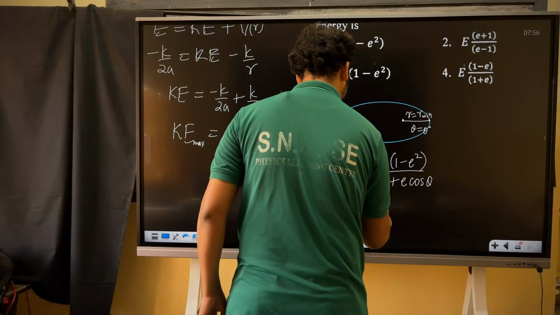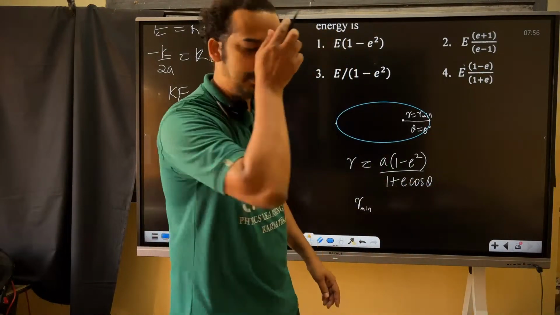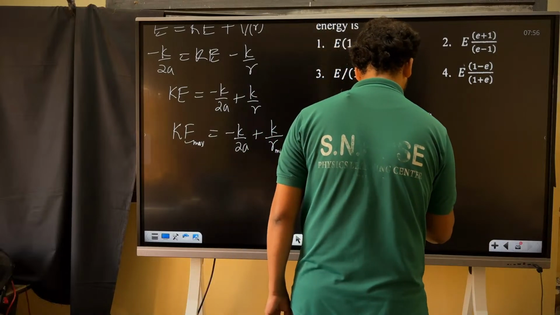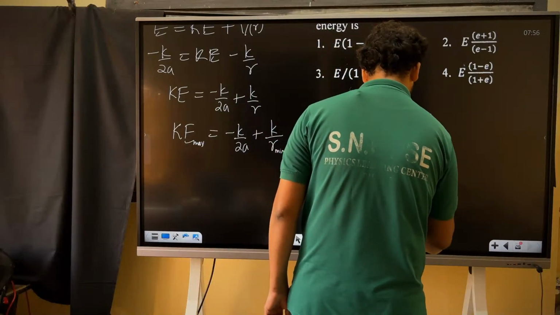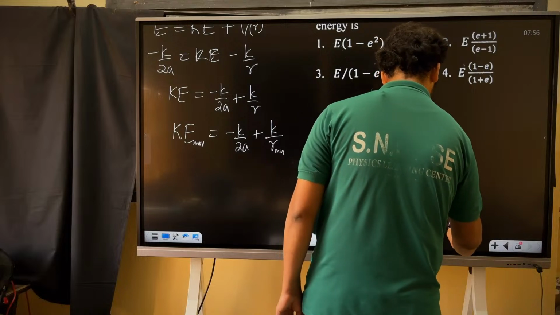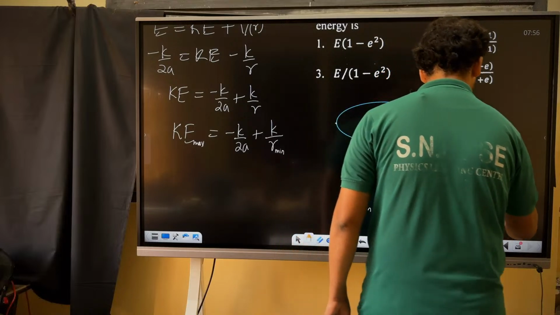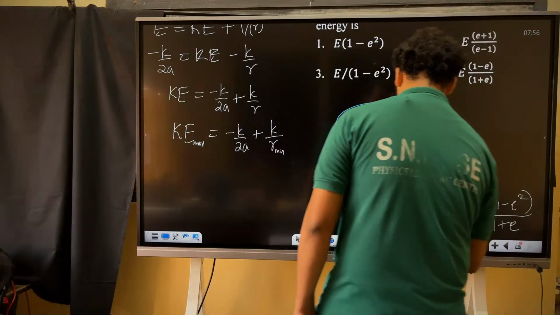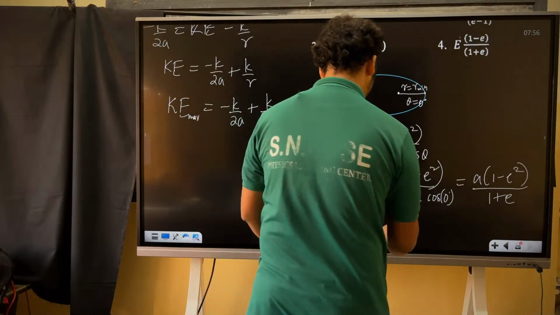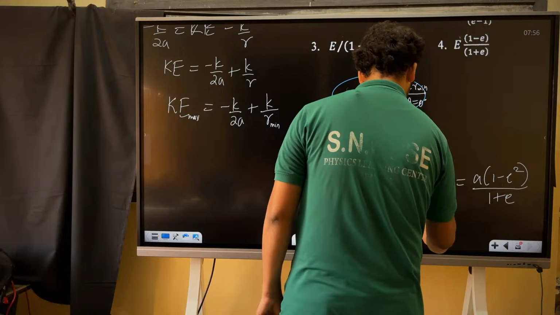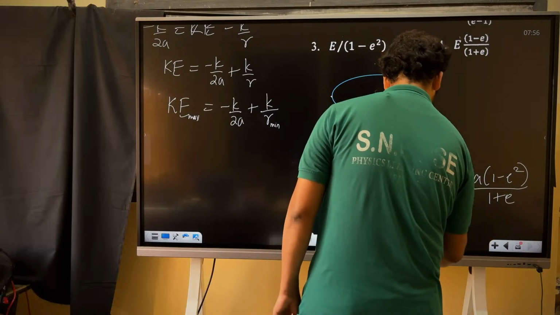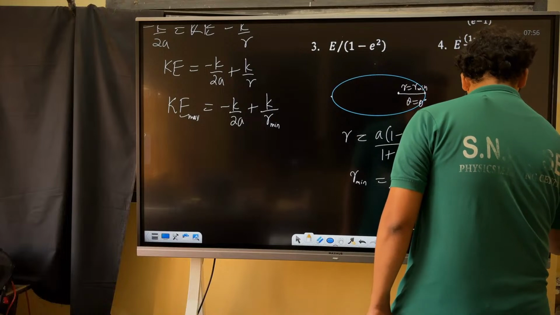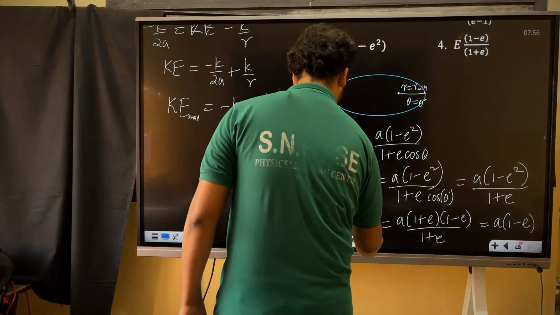R minimum will happen when the denominator is maximum, which is when theta equals 0. That gives a into 1 minus e squared divided by 1 plus e cos 0 degrees, which is a into 1 minus e squared divided by 1 plus e. The numerator can be written as 1 plus e into 1 minus e, so that equals a into 1 minus e. That's your r minimum.